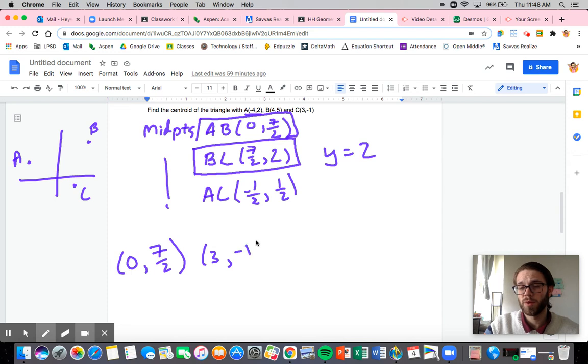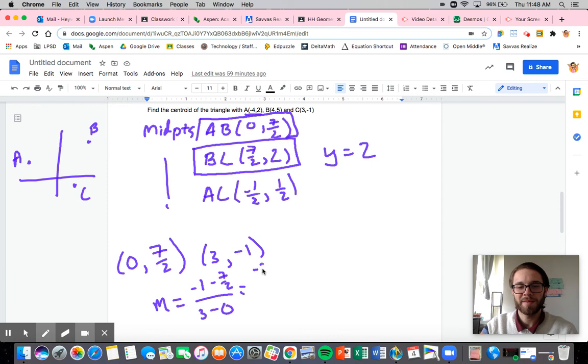If I just gave you 2 points, you would know how to find the equation of a line. You would find the slope. So you're changing y: -1 minus 7/2 over 3 minus 0. Lovely, right?